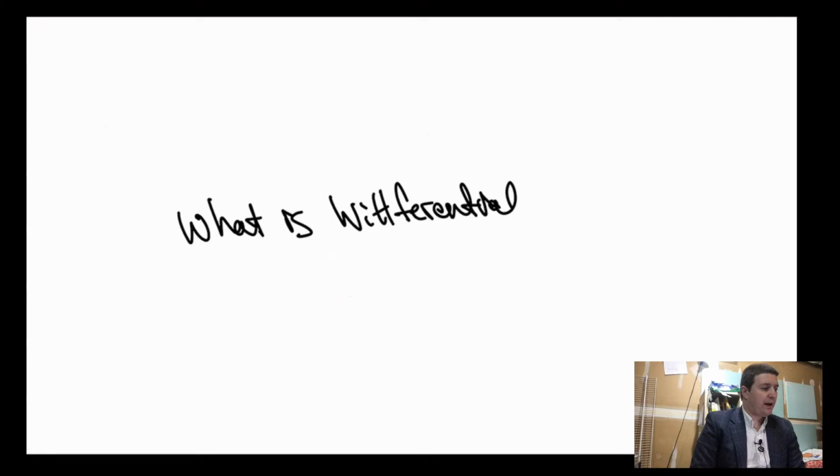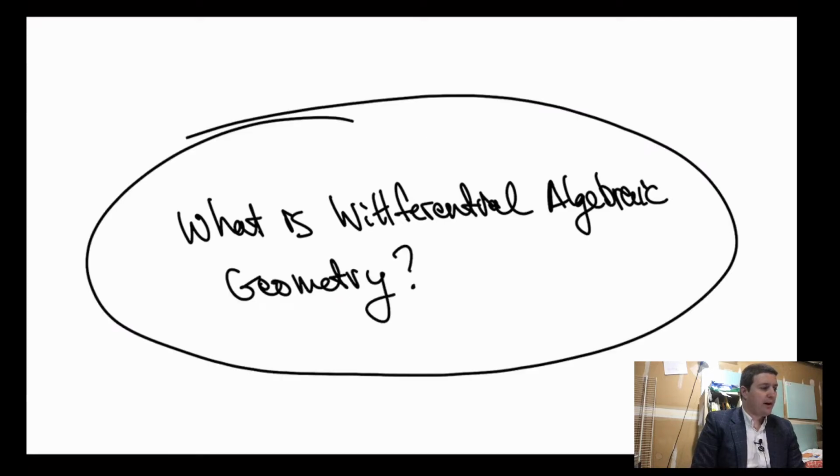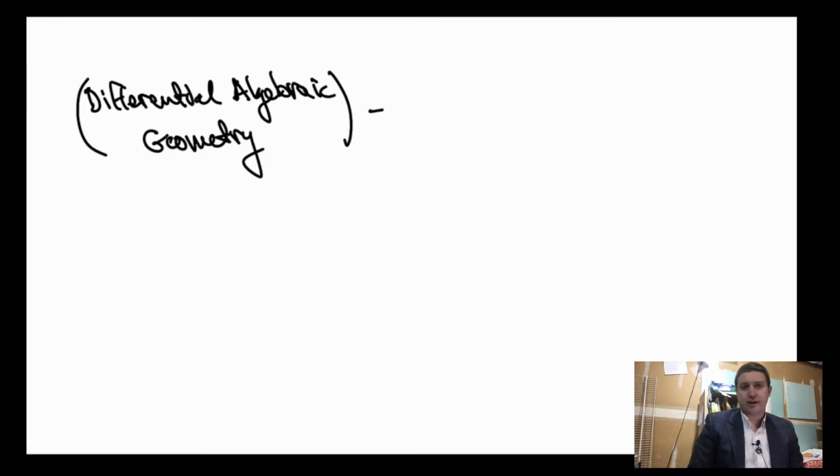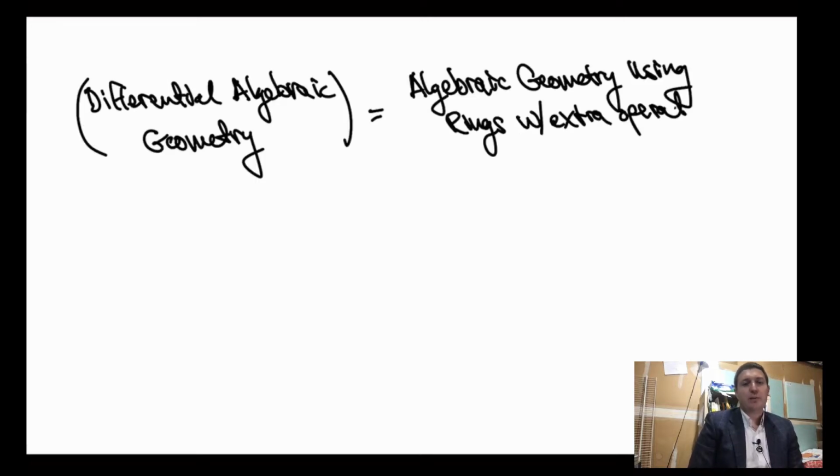Okay, so let's start. What is Wittferential algebraic geometry? I'm going to start with differential algebraic geometry. For me, differential algebraic geometry means two things. First, in a general sense, it is just algebraic geometry using extra operations.